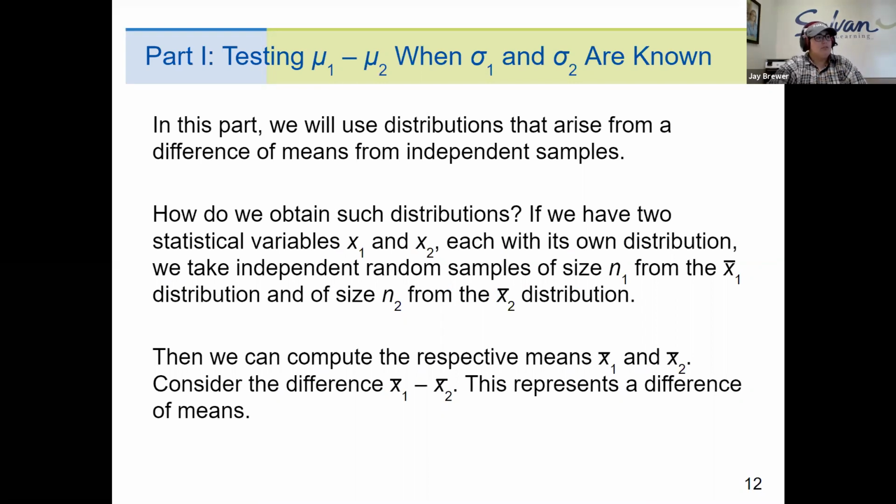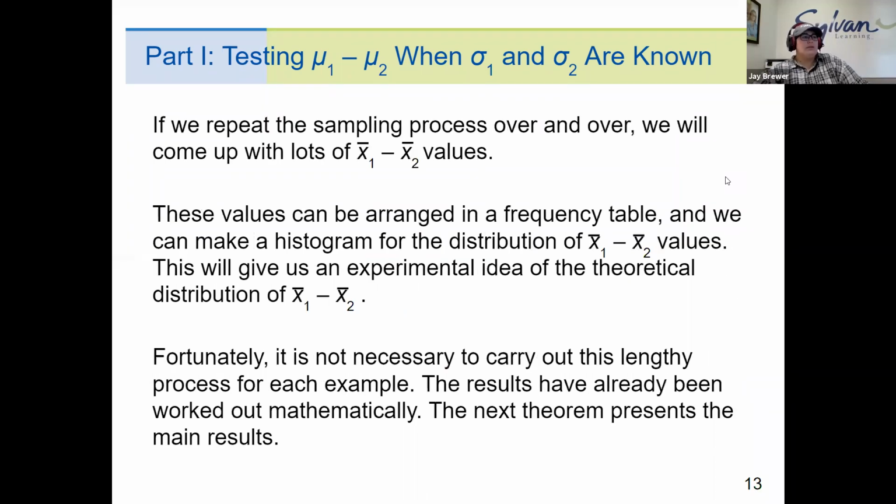If we have two statistical variables, x1 and x2, each with its own distribution, we take independent random samples of size n1 from x sub 1 and size n2 from x sub 2. Then we compute the respective means, x bar 1, x bar 2, consider the difference, and this represents the difference of the means. This should all be pretty similar to you. The only difference here is that we're using bars.